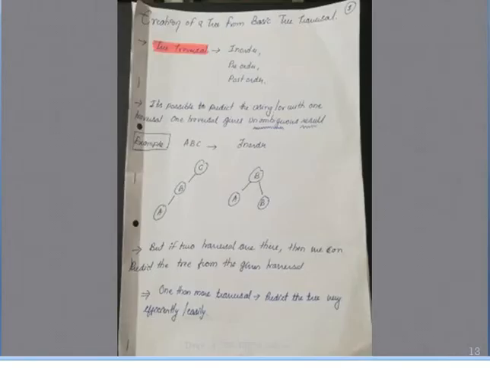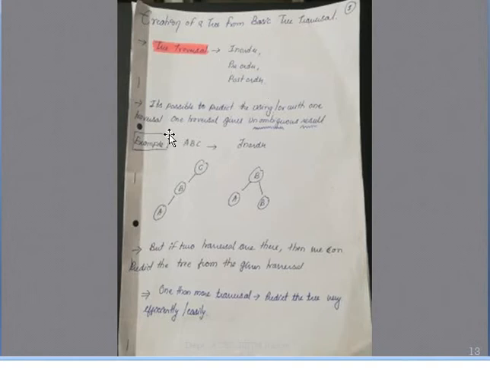While I was discussing in the content how we can create the tree from the basic tree traversals: till now we knew the in order traversal, pre-order traversal and post order traversal.